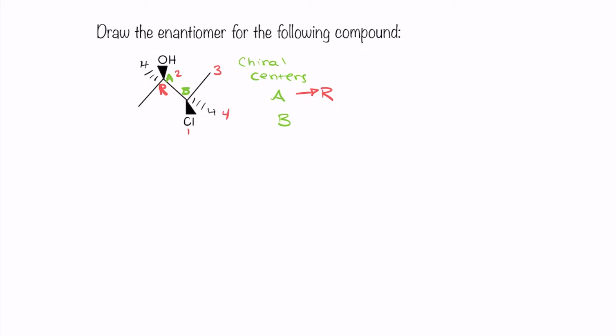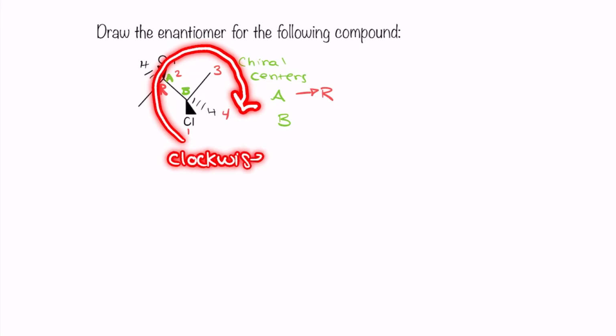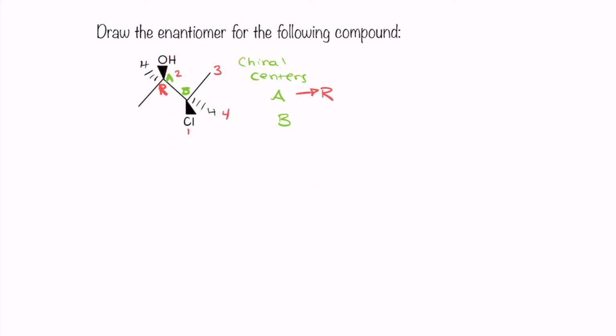And so if we map out the direction of rotation, we see that here we are going in, again, a clockwise direction. I know I used to get confused by this, so if you ever need to, just think about the direction that a clock goes in. And so we know that this is going to have an R configuration. So we can go ahead and write that in there.